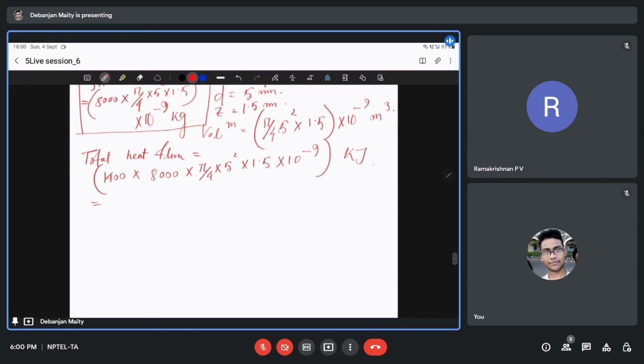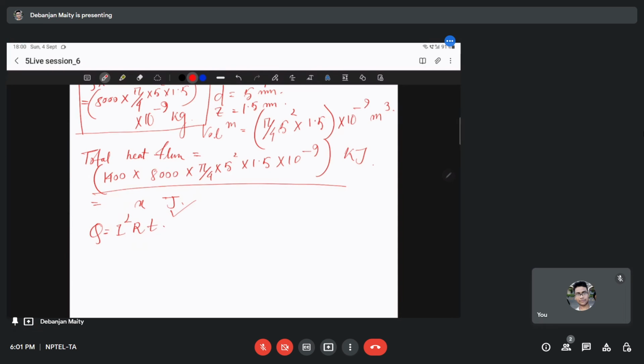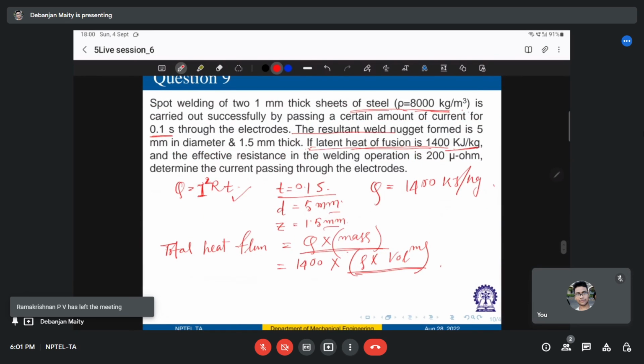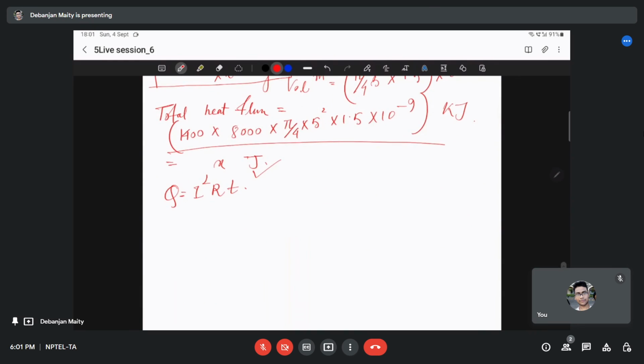Let's say this is something you need to find out, of course. Let's say this is x. After converting in terms of joule, let's say this is x joule. And now you know that Q is equal to I square RT. What you need to determine here? Okay, you need to determine the current. So I square will be Q by RT. You need the Q as x joule.